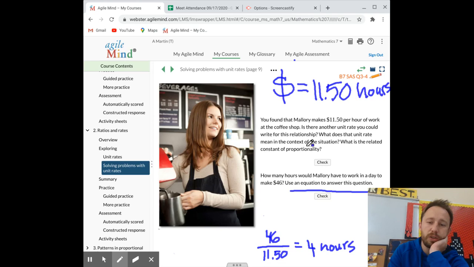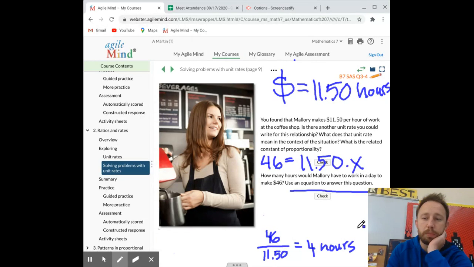So if we were using this equation, it would say 46 equals 11.50 times the number of hours. We don't know the number of hours, so we're going to use an x in place of a number that we don't have a value for. In order to solve for x, I have to get x by itself. So I'm going to divide by 11.50 so that I can make this equal to 1 whole.